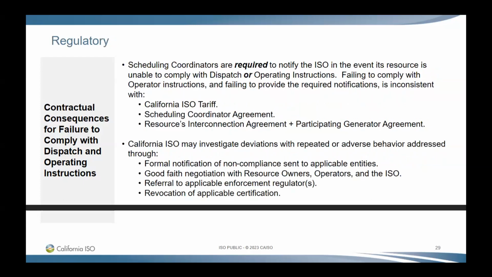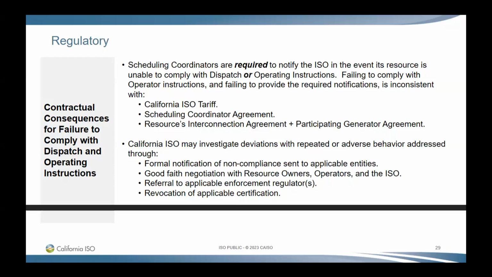From a regulatory standpoint, scheduling coordinators are required to notify the ISO if their resource is unable to comply with dispatch or operating instructions. So you need to let us know if your resource is incapable. That needs to be put in. Again, if it's a physical derate, that needs to be through an outage card, or it might need to be through ADS if you're not able to put that in there.